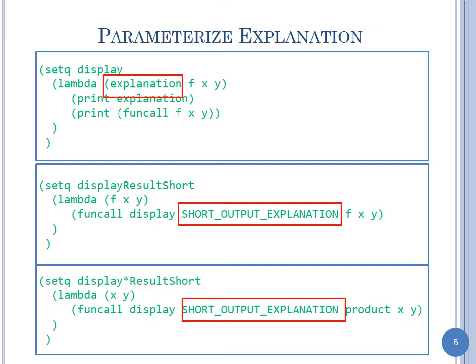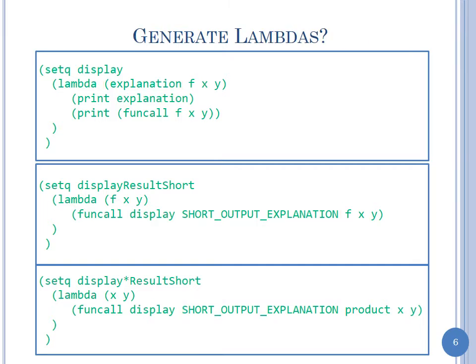I want to create the other two functions that take fewer parameters so that my users don't have to type so much and make mistakes in applying parameter values. We know there's homoiconicity in Lisp. Could I have generated the second two definitions from the first definition rather than writing them explicitly? Something briefer than this.